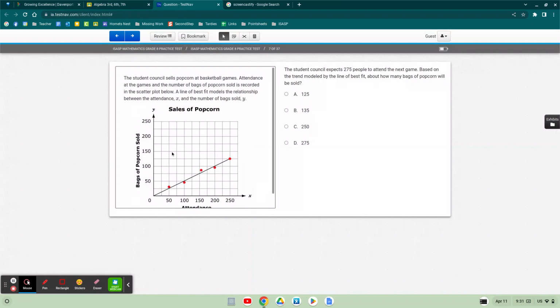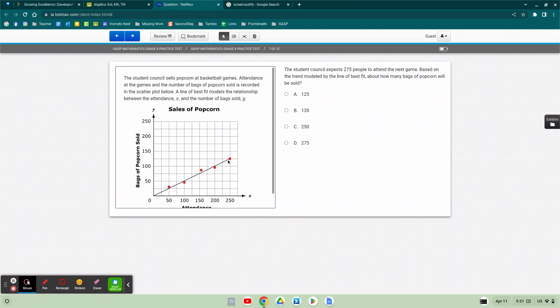Okay, so same graph. Yep, just make sure all the information is the same. Okay, the student council expects 275 people to attend the next game. Based on the trend model set by the line of best fit, how many bags would you expect to be sold? Well, we already know that when 250 people attended, it was about 125 bags.